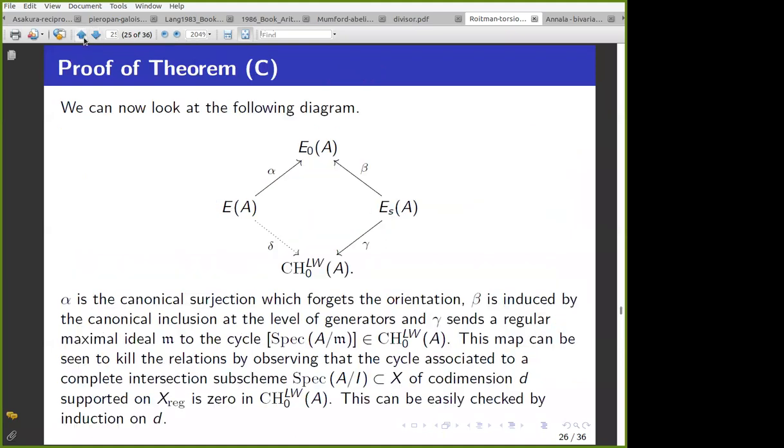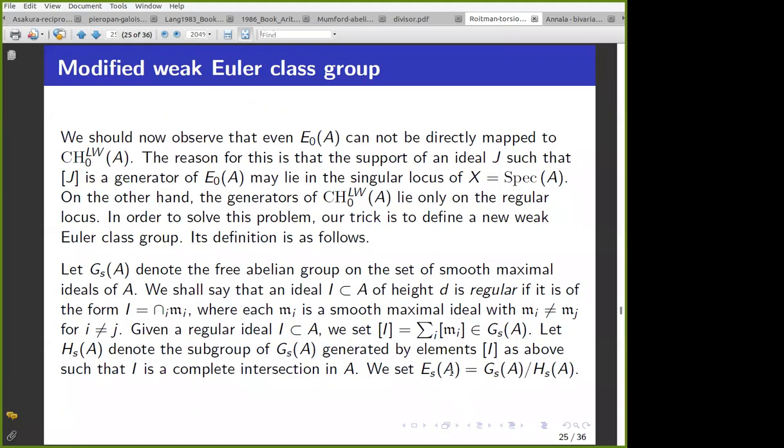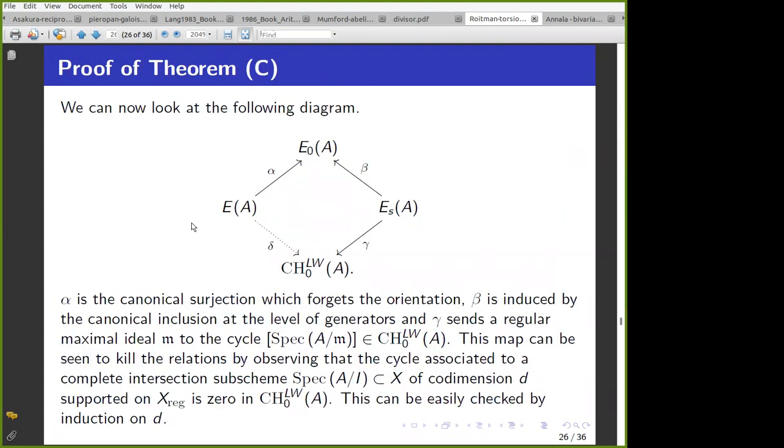Well, you can clearly see now that since the generators of ES are smooth maximal ideals, there is clearly a map from ES of A to Chow group. So you have this diagram now. You have a map from E of A to E0 of A. It's just a forgetful map. You clearly have a map from ES of A to E0 of A because generators here are smooth maximal ideals, so they are themselves M primary.